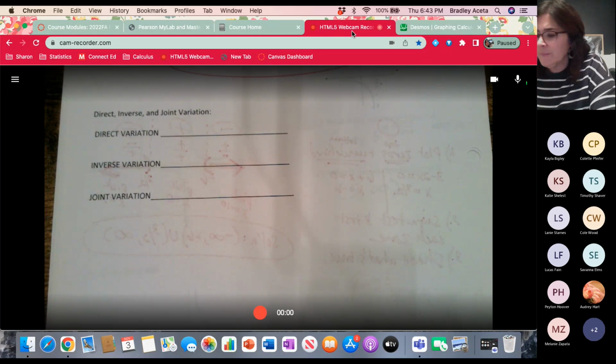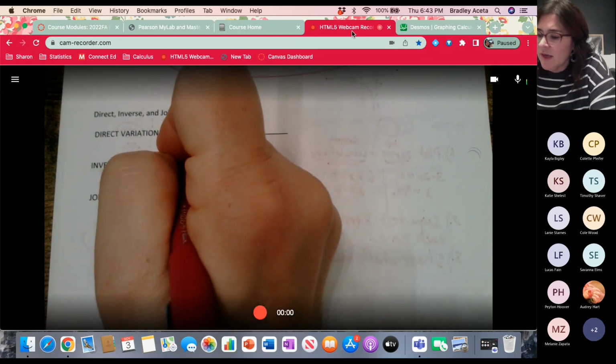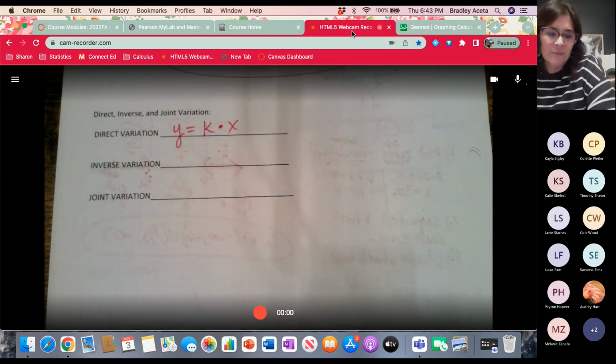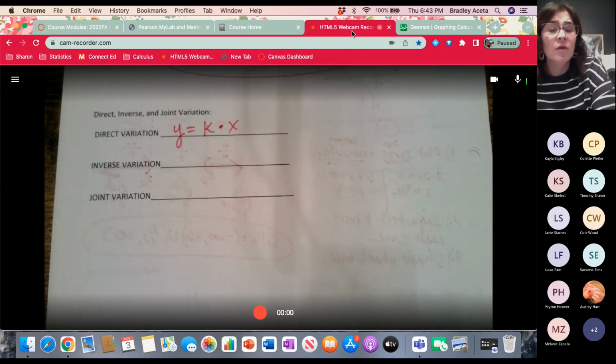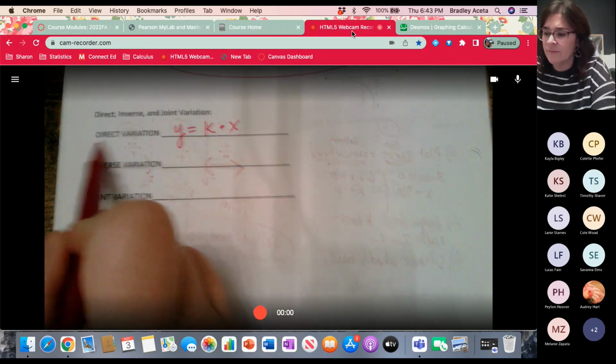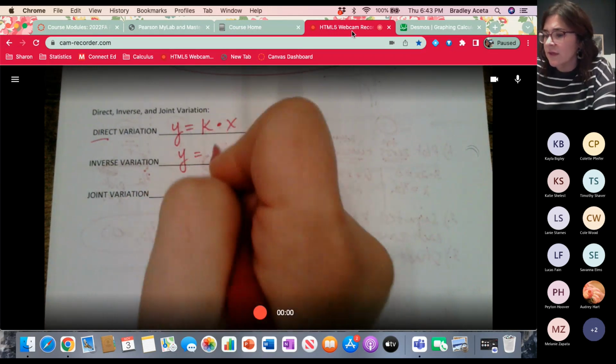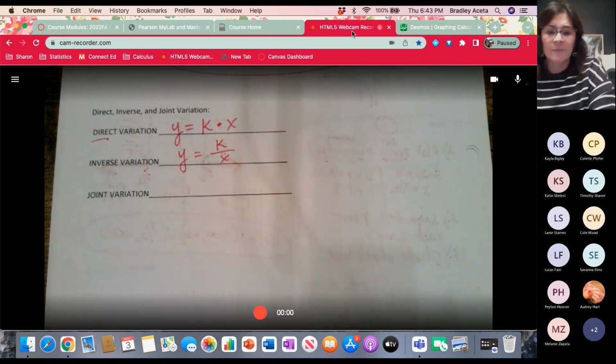Direct variation is when you have like two unknowns that you're multiplying by some constant k. So it's really a multiplication of k when you see the word direct. When you see the word inverse, it's the division with k.